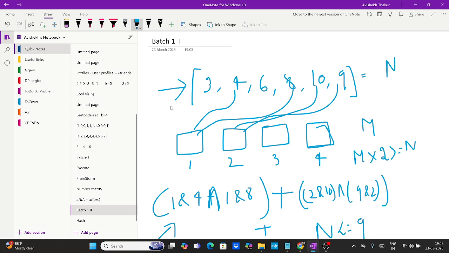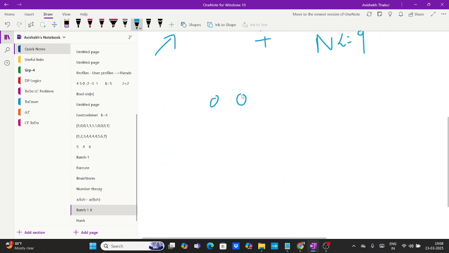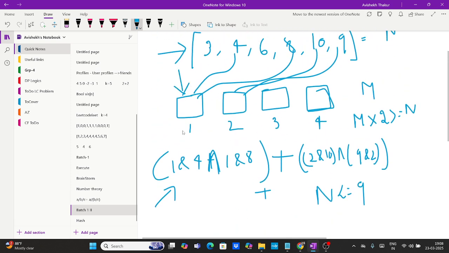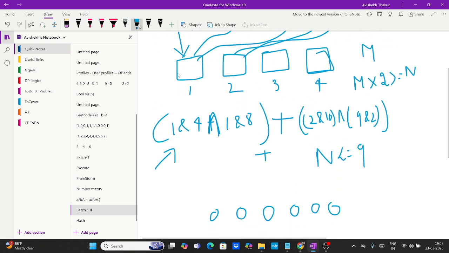Say there are n elements, say 6 elements. I will iterate on each of the slots. How many possibilities do I have? Either I make it empty and fill nothing, or I fill one element, or I fill two elements. Three choices, right?